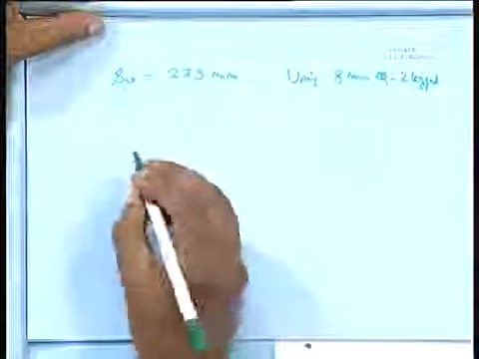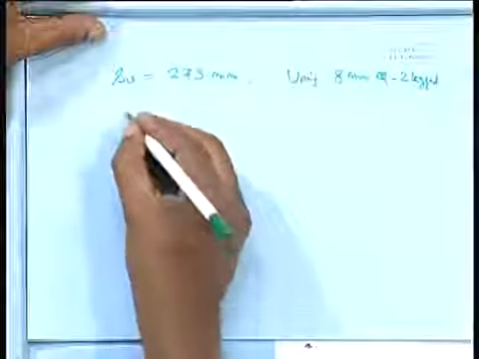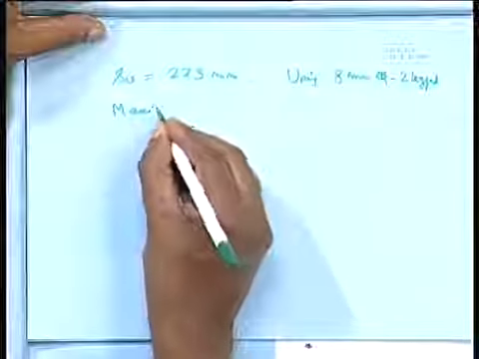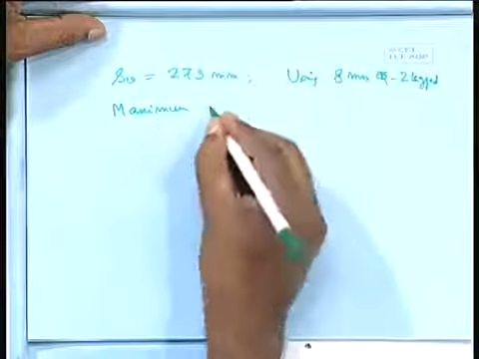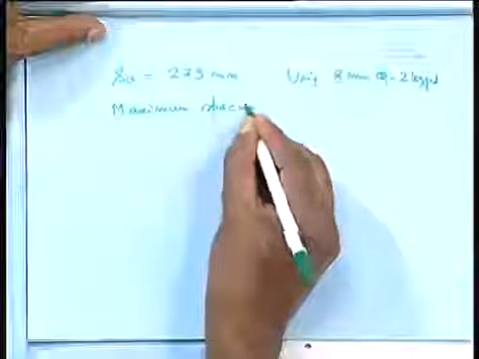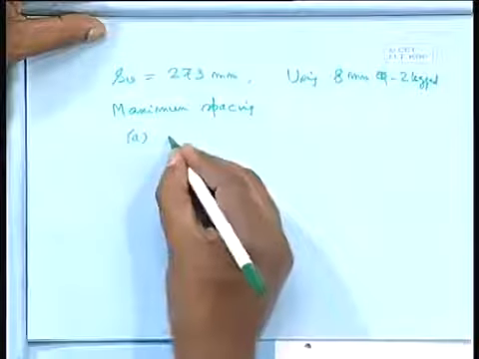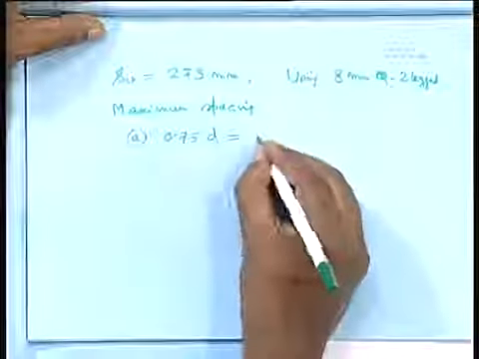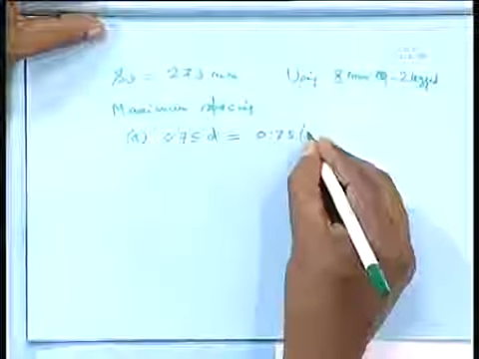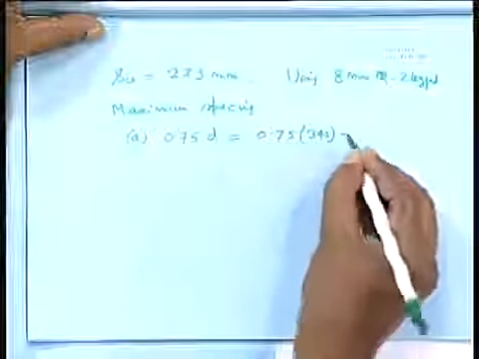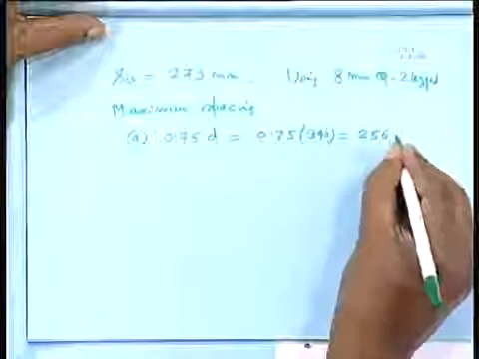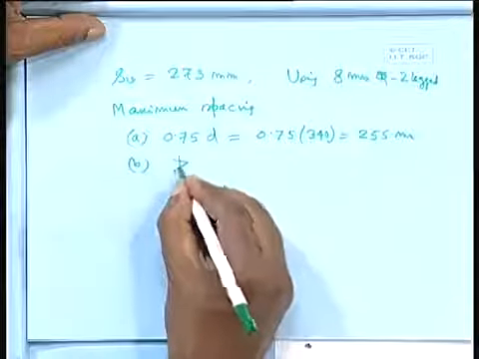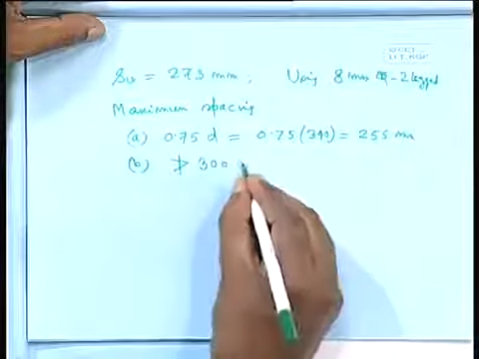What our code says is that the maximum spacing is, A, 0.75d, 0.75 times 340 equals 255 millimeter; B, not greater than 300 millimeter.